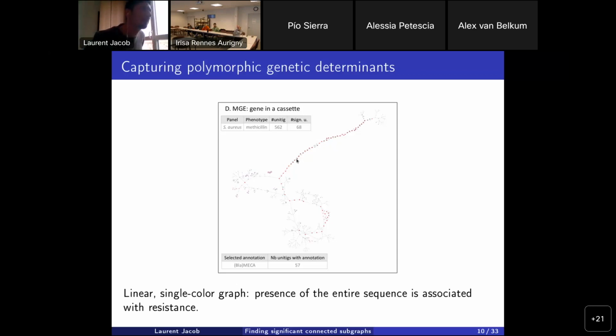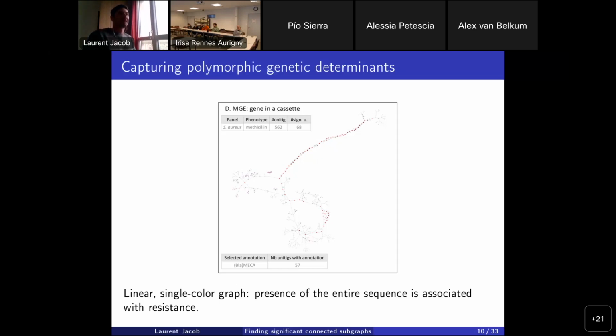You see there were lots of small bubbles here which all correspond to some variation, either SNPs that are neutral or maybe sequencing errors. This is something that we can see with some training just from the de Bruijn graph that we obtain.